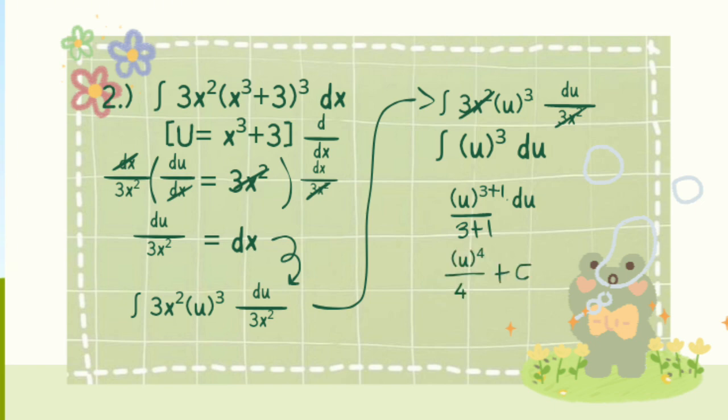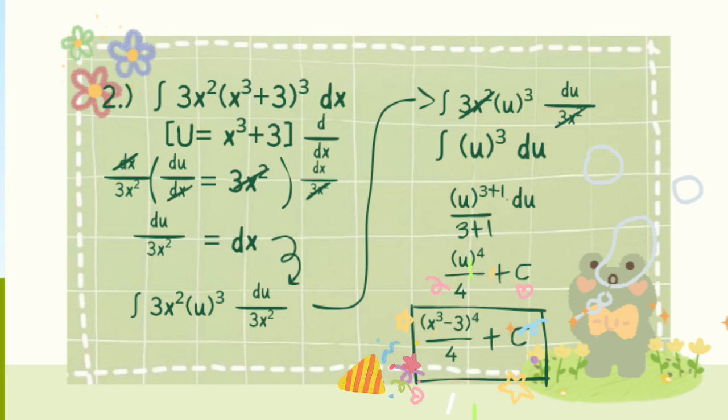That gives us u raised to 4 over 4, and change du to plus c. Substitute the value of u back, which gives us (x cubed plus 3) raised to 4 over 4 plus c. That concludes our final answer.